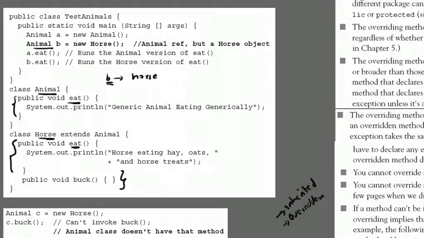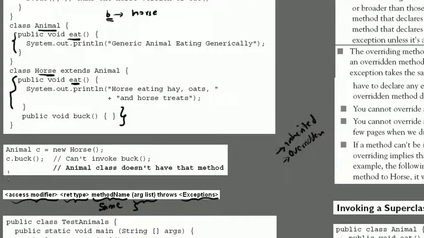Considering doing something like c.buck would give you an error, because buck is a horse specific method and is not defined in animal. So the compiler would look at the message buck to c and then would try to find buck within the animal class. Now because the animal class has only the eat method defined, it would throw an error.